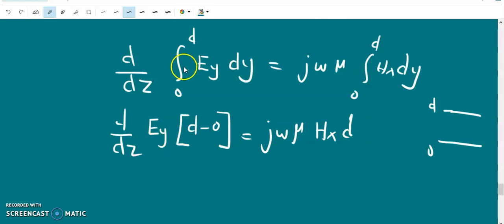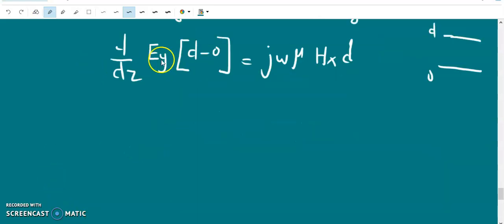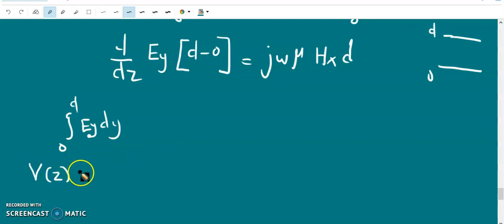this Ey into d, or integral 0 to d Ey dy, in terms of potential difference between the lower and upper plate. So we know that the potential difference between 2 points A and B is minus integral A to B E dot dl, or E dot dy here. So here it is from 0 to d.